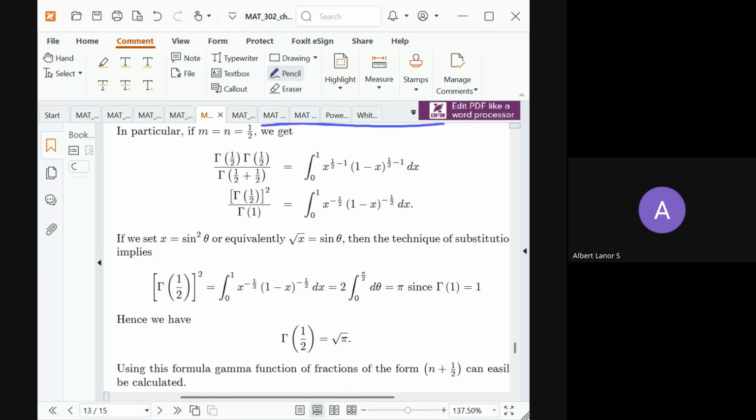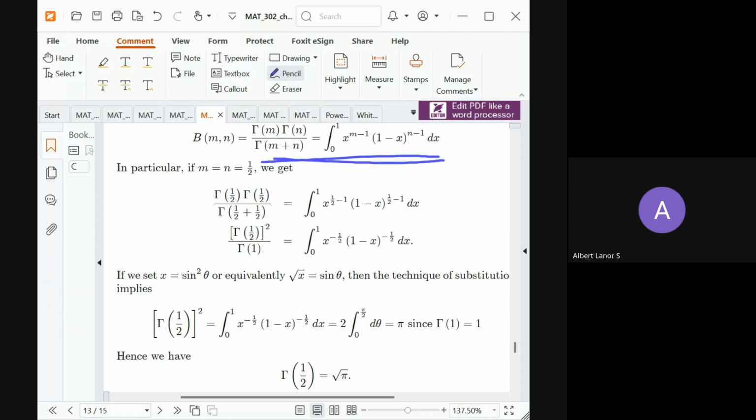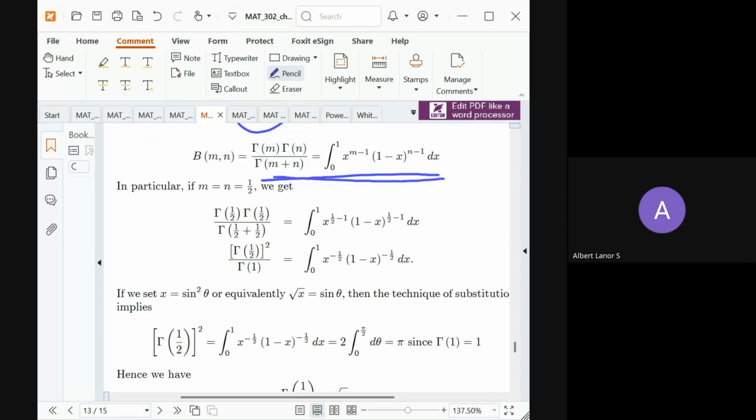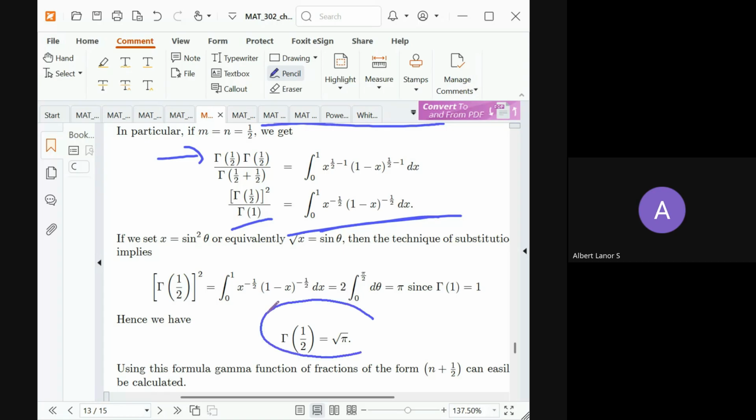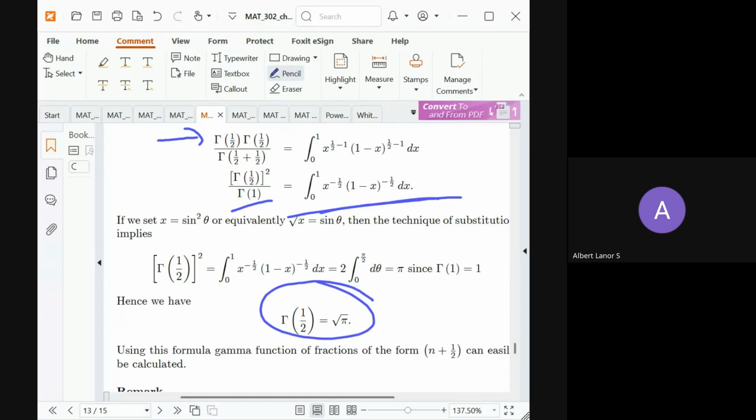So basically, from here, when you do the half, you have gamma of half plus gamma of half, which is gamma of 1. Now, gamma of half squared will be pi divided by gamma of 1. Gamma of 1 is 1. So you can pass it through it, and then you are able to establish the fact that gamma of half is equal to the square root of pi.